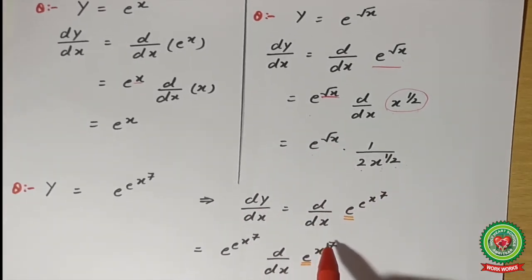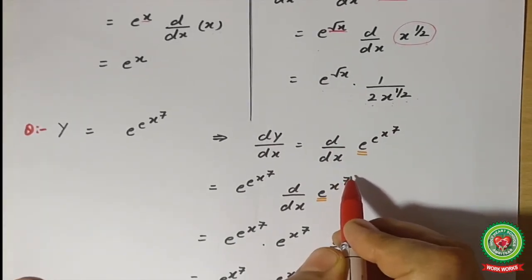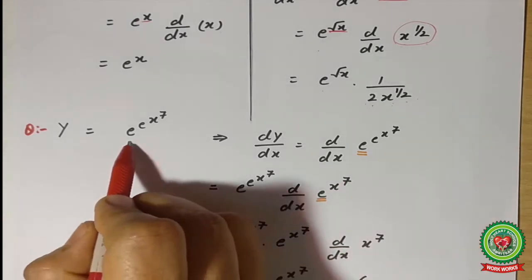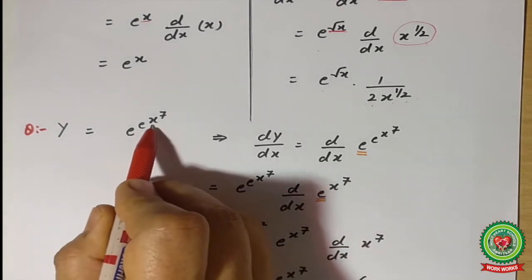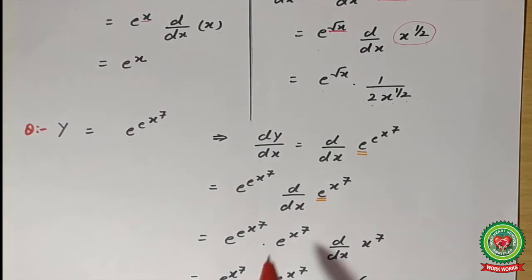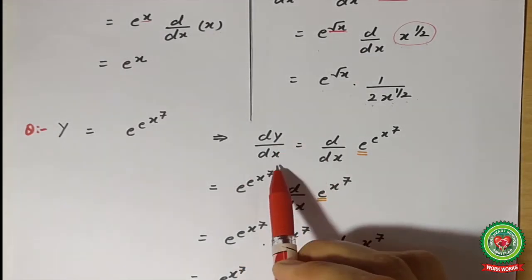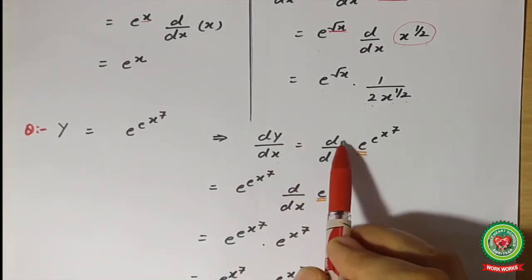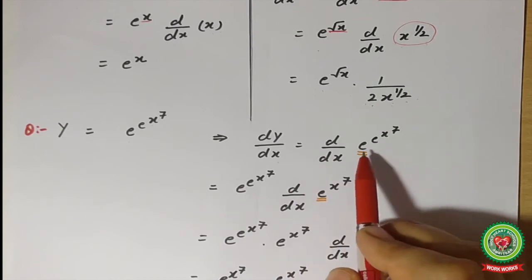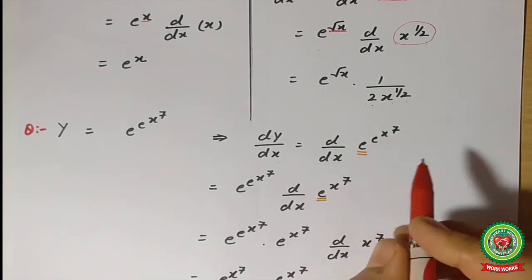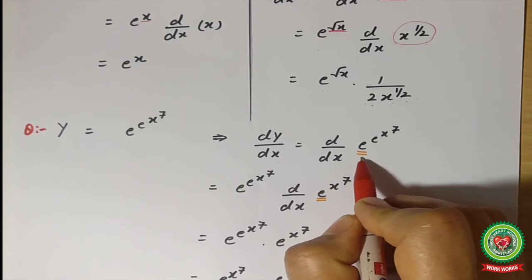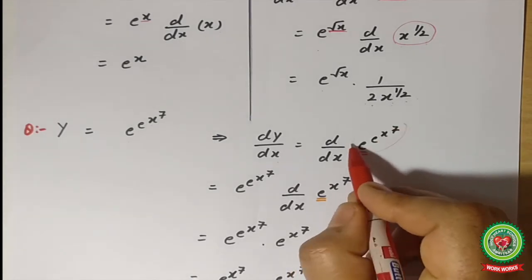Now I am taking one more example, a little bit complicated. e raised to power e raised to power x raised to power 7. Whenever I take dy upon dx, it will be equal to ddx of the full term. First of all, this e means the full term will be as it is.